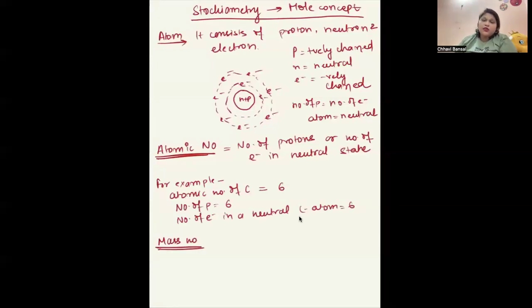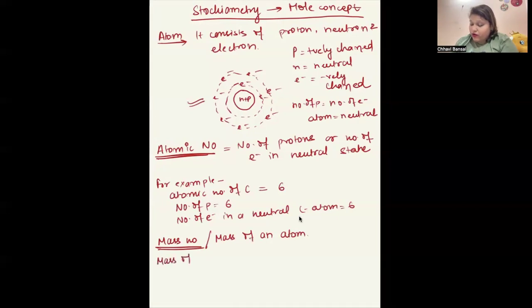Now, what is mass number? Instead of writing mass number, what I can write is the mass of an atom. Okay, means what? See, what happens, we studied here that the atom is made up of protons, neutrons, and electrons, right? So if I have to calculate the mass of one atom of an element, what can I write?